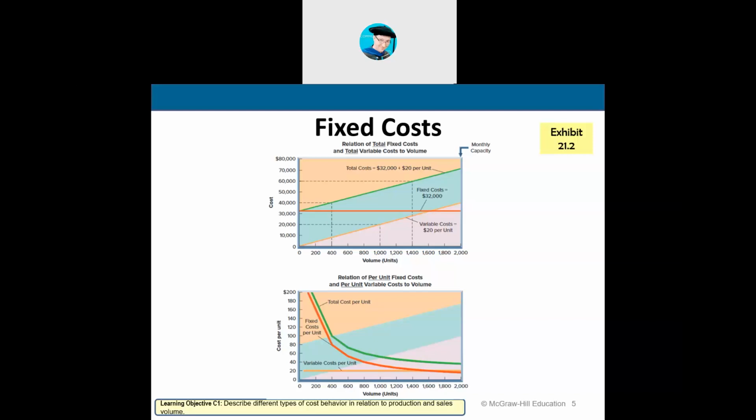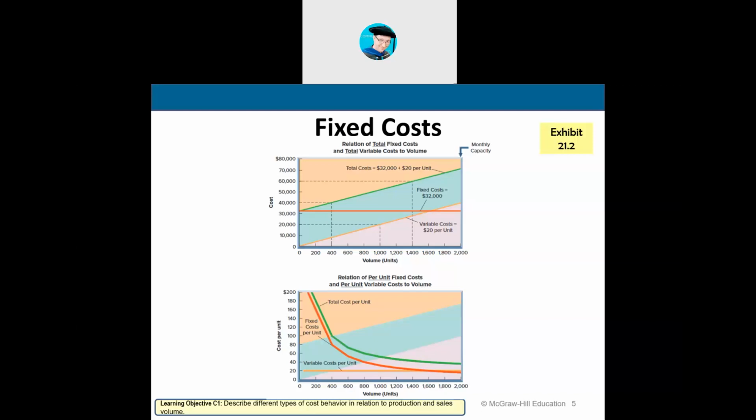So let's break it down. Variable costs increase with each unit sold. Fixed costs do not change. They are fixed. Fixed costs would be things like supervisor salaries, depreciation for the building, rent, mortgage, things that do not change over time.